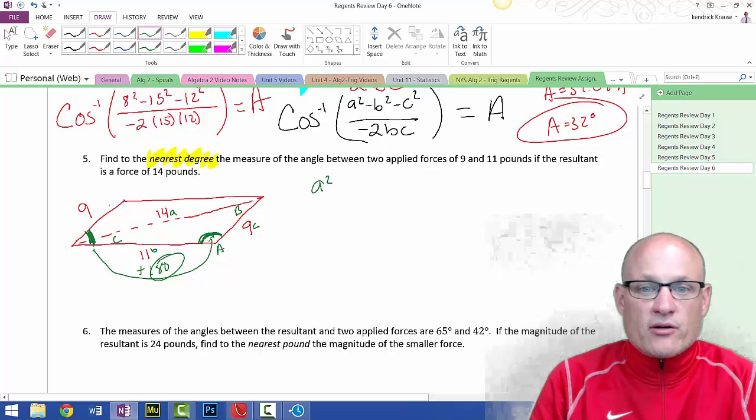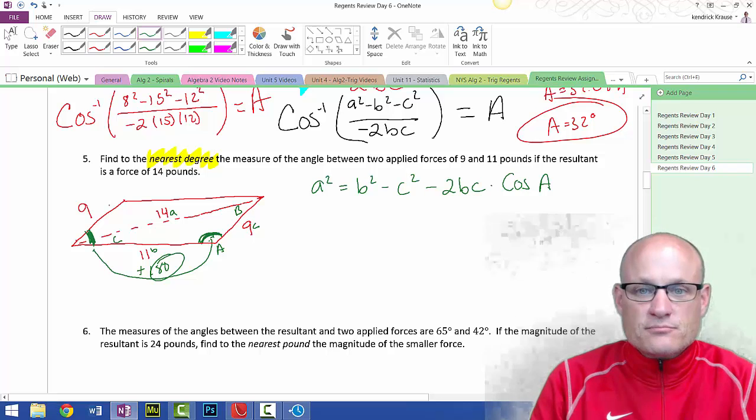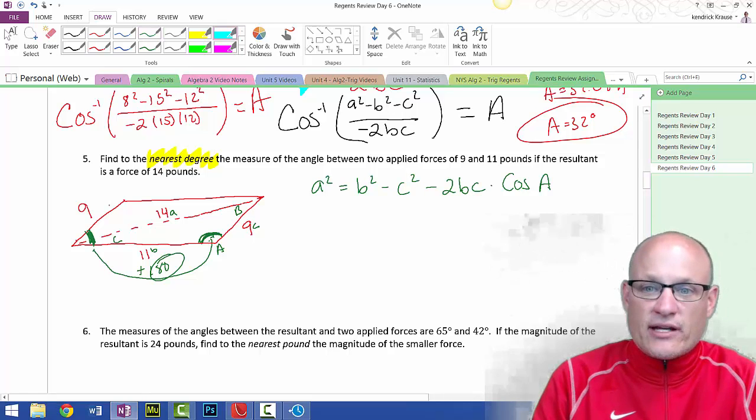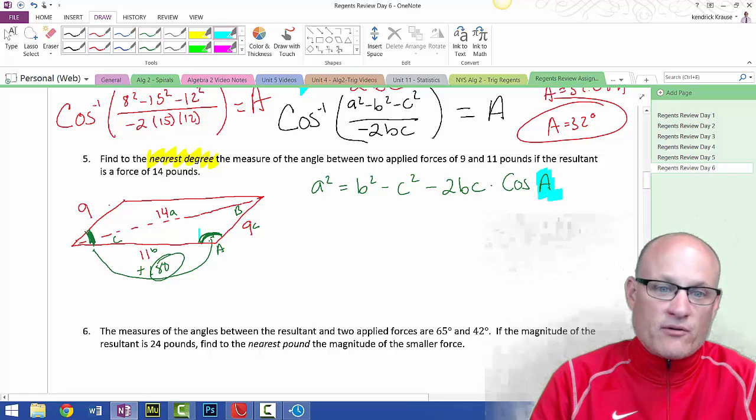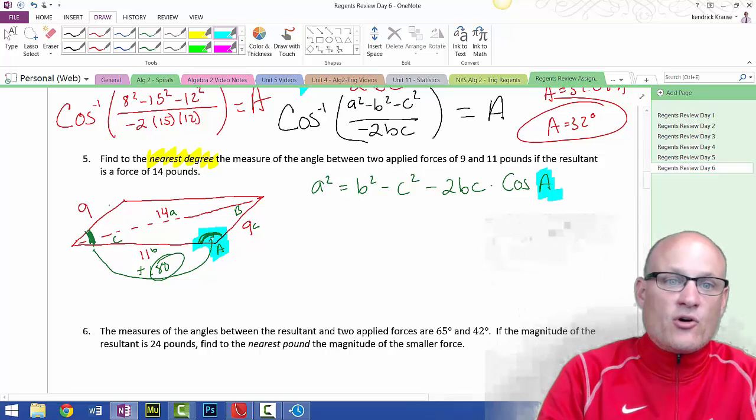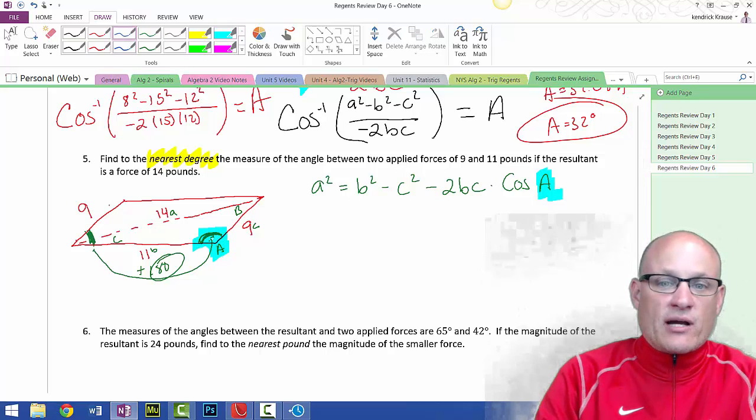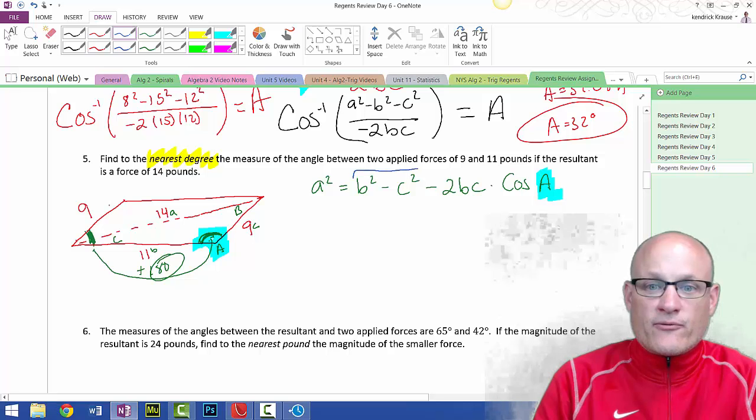A squared equals B squared minus C squared minus 2BC cosine A. And again, I want to isolate this because I'm looking for this. So I'm going to do it a little bit quicker this time. These two are coming over first.